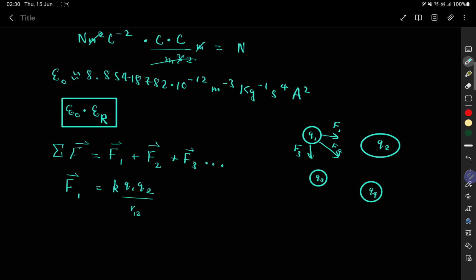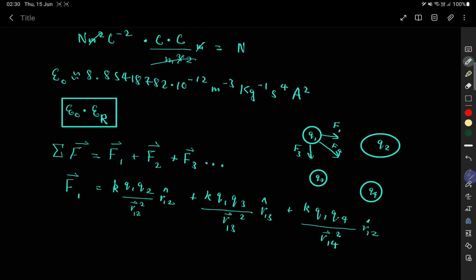Right, 1, 2 squared, R12 hat, plus k, Q1, Q3, R13 whole squared, R13 hat, plus k, Q1, Q4, R14, sorry, I wrote 2 by mistake, R14 whole squared, R14 hat. Sorry, I keep writing 2, I don't know why.